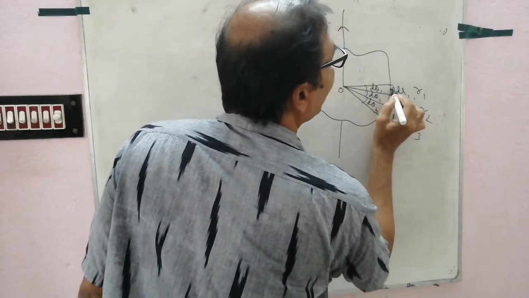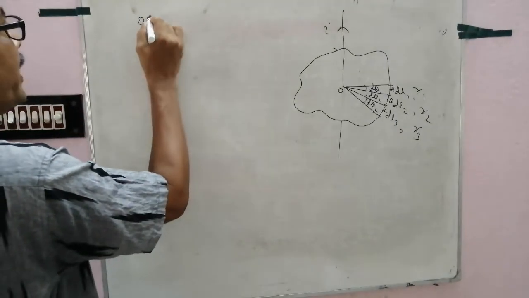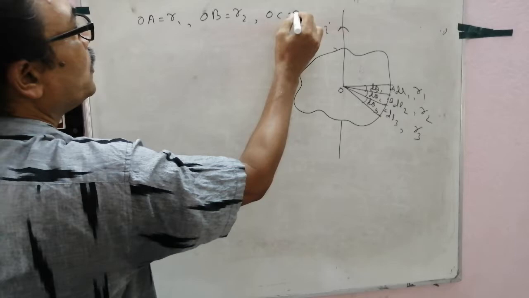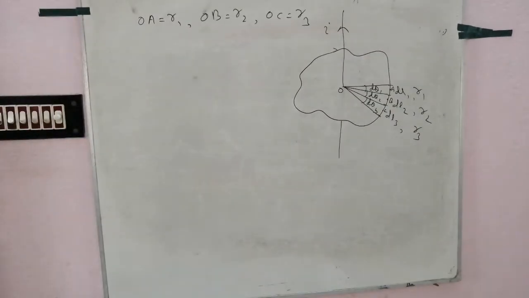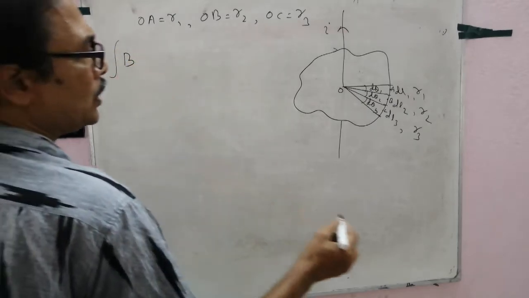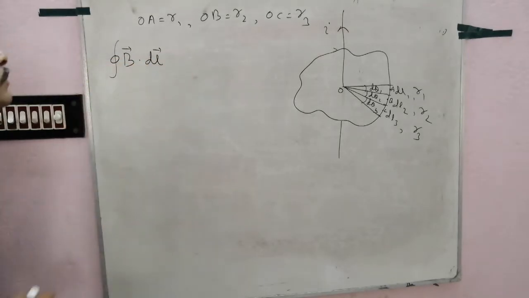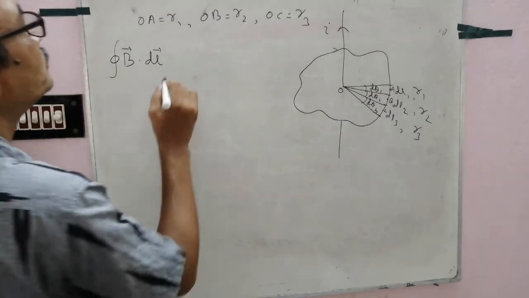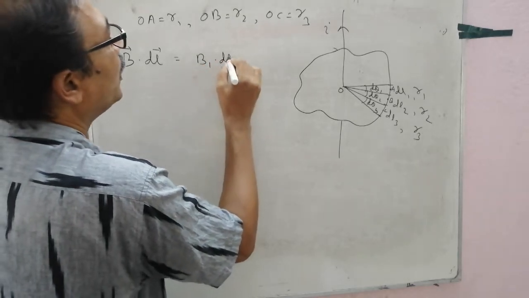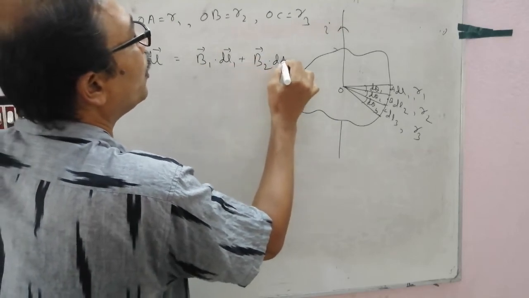Suppose this is A, this is B, this is C. So OA equals R1, OB equals R2, OC equals R3. The total magnetic field, closed loop B dot dl, equals, for this portion, B1 dot dl1 plus B2 dot dl2.